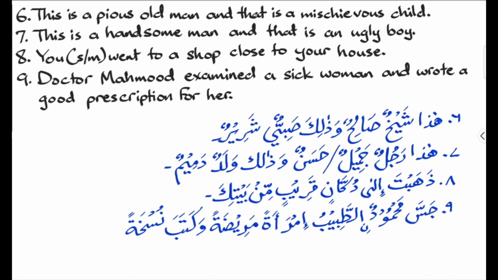Nuskhatan, good is jayyida. It's actually jayyid, but since it's a sifa and sifa has to be in accordance with the mawsuf, you're going to add that ta to make it feminine in accordance with the nuskha, which is also feminine. Nuskhatan jayyidatan, for her. Laha. جس محمود الطبيب امرأة مريضة وكتب نسخة جيدة لها.